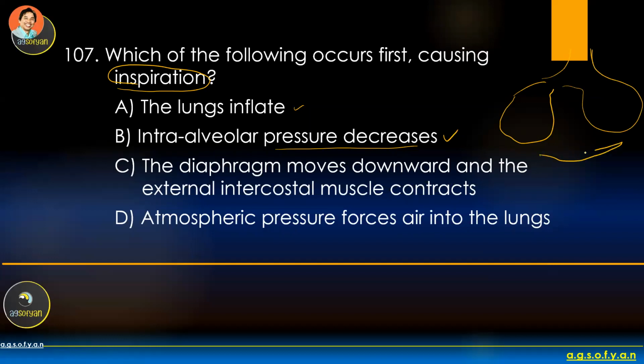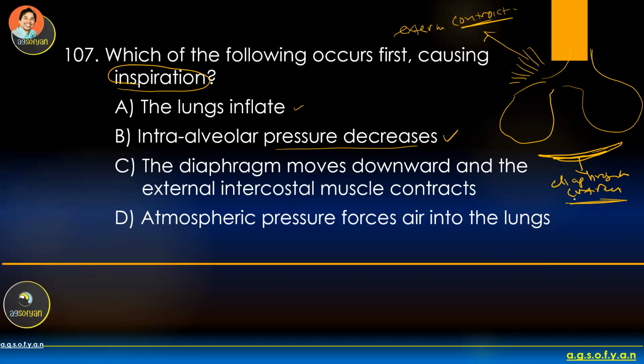This is what makes the lungs become bigger and the pressure decrease, because the diaphragm contracts and moves down, and the muscles in the ribs, called the external intercostal muscles, also contract.